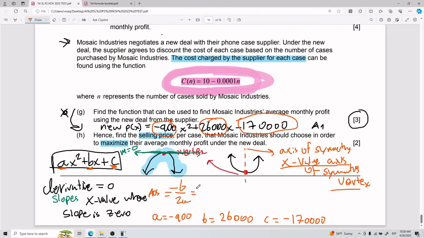So if you plug into the axis of symmetry, you have negative b, which would be negative 26,000, and then divided by 2a, so 2 times 900. In other words, you have negative 26,000 divided by 1,800.